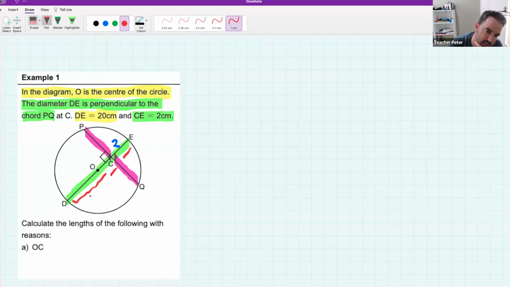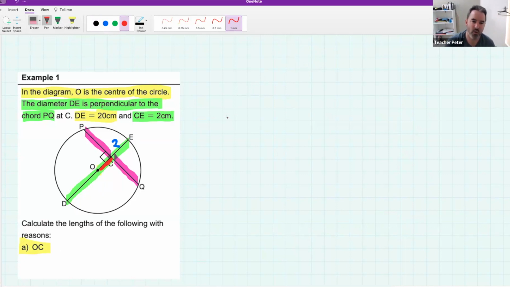It seems to be 20. Now it says, after all that reading, calculate the length of the following using reasons. Find the value of OC. Now, where is OC in this drawing? OC is just this little bit over here. Would you agree?